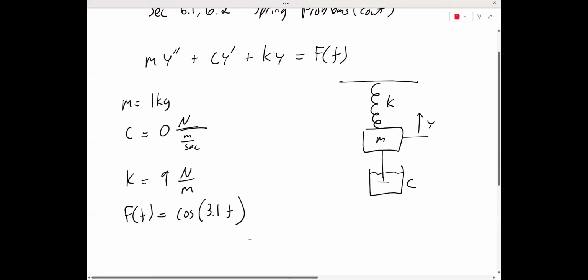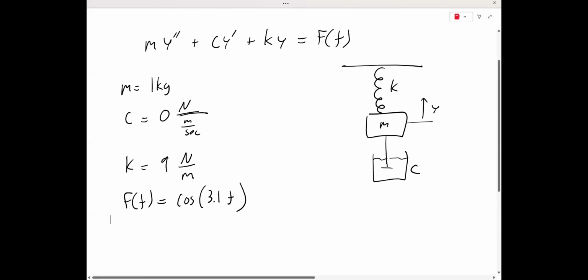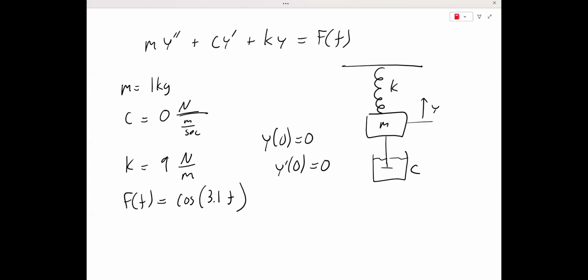So if I fill things in here, and then say initial conditions: y of 0 is equal to 0, and y prime of 0 is also equal to 0. So initially it's just at rest at equilibrium, but then starting at time equals 0, there's some outside force acting on it.